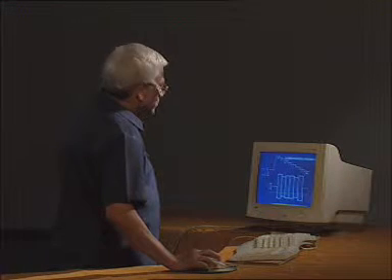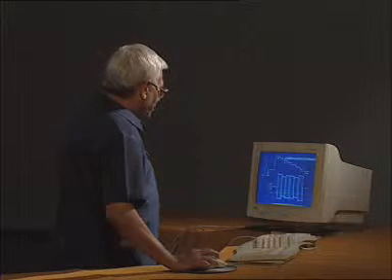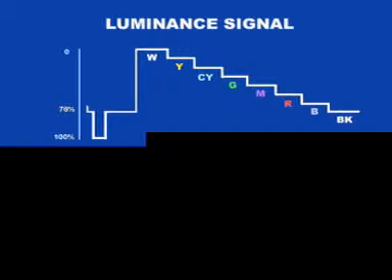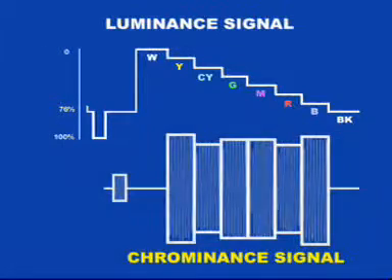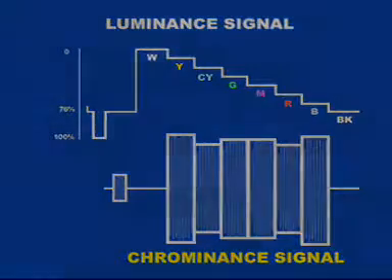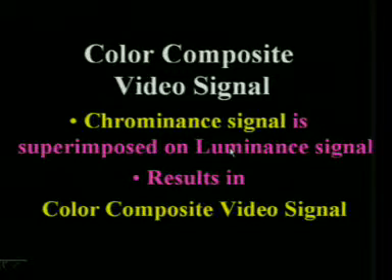Here, this is the wave shape of a luminance signal, and the corresponding chrominance signal is here. The color composite video signal is formed by superimposition of the chrominance signal over the luminance signal.